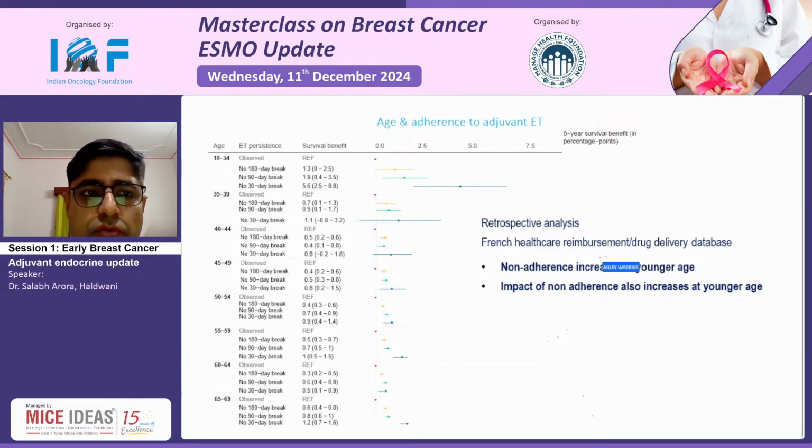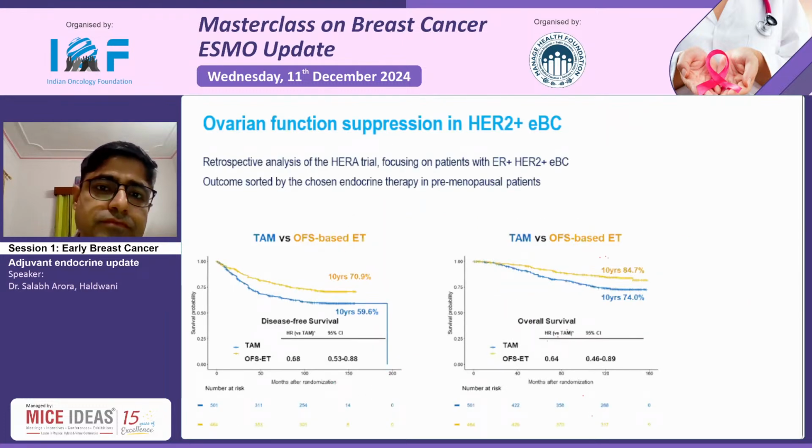If you look at the 18 to 34-year age group, patients who had no 180-day break had a much more robust improvement in their IDFS. So what we can draw from this graph is that non-adherence increases at a younger age, whereas women in an elderly age group are much more compliant to therapy. The impact of non-adherence is also very clearly seen at this younger age.